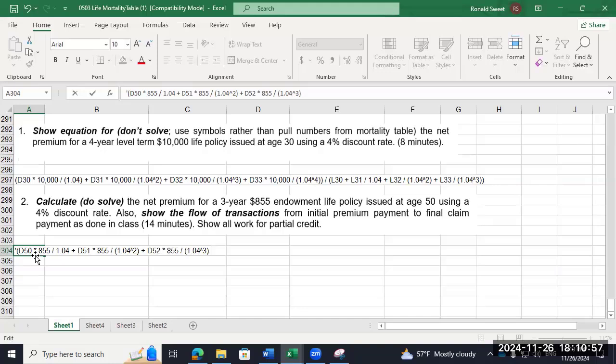So it's 3 years. If you see 3 years, you have to have 3 Ds, and then you're going to add an L53 times 855.